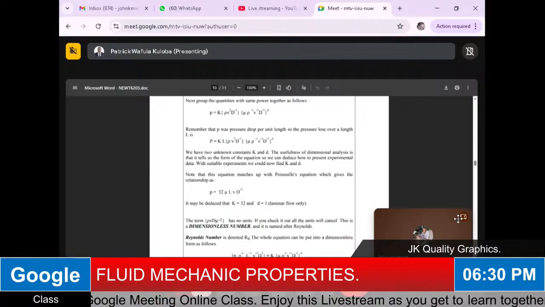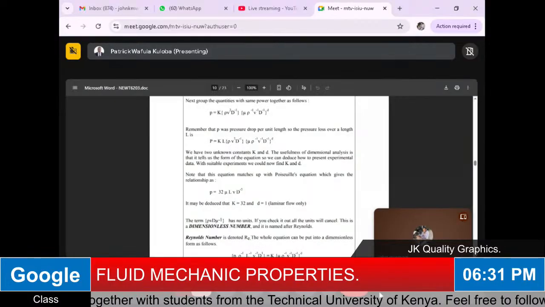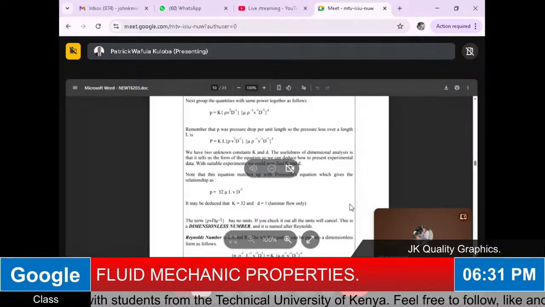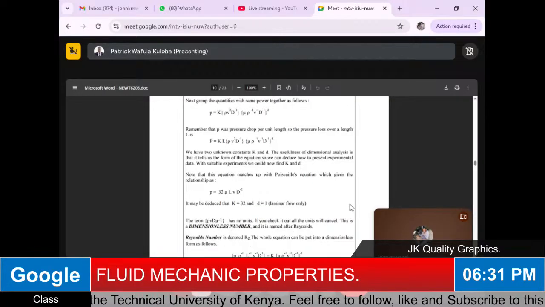So these are two dimensionless numbers. For now, you don't know much about which dimensionless number is which. But if you look at the second one, mu raised to 1, rho raised to minus 1, v raised to minus 1, d raised to minus 1, you'll find that it actually is the Reynolds number.